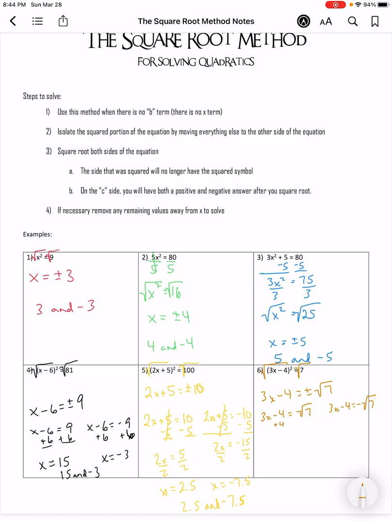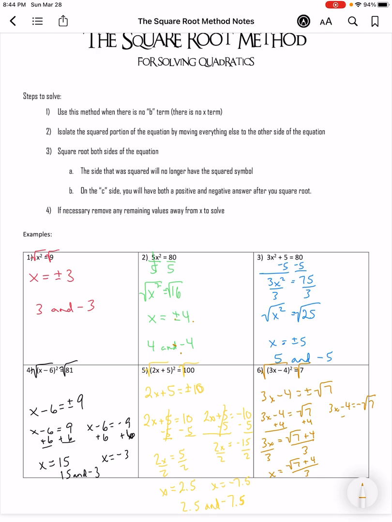Then we would simply solve as we always have, add 4 to both sides. So then we would have 3x equals, and because the square root of 7 hasn't been solved, we have to leave it as the square root of 7 plus 4. Then we would divide both sides by 3. So x equals the positive square root of 7 plus 4, divided by 3.